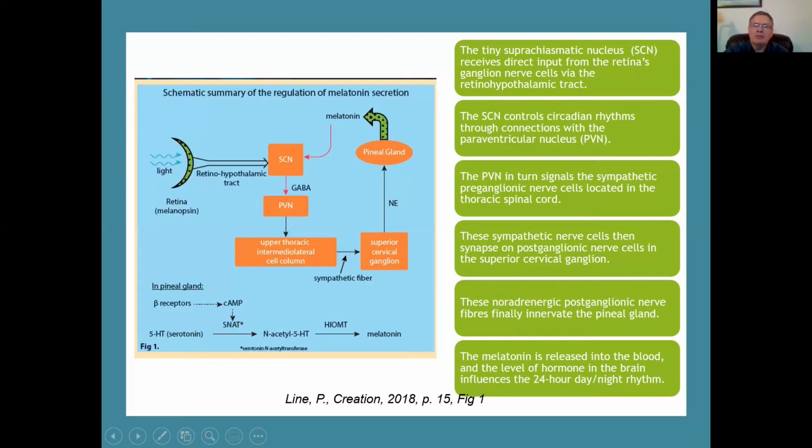And the pineal gland produces melatonin in darkness, but not in bright light. And so the amount of melatonin secreted is regulated by the incoming nerve stimulus, which in turn is determined by the amount of light-stimulated signal received by the SCN, the suprachiasmatic nucleus. The melatonin is released into the blood, and the level of hormone in the brain influences the 24-hour day-night rhythm.